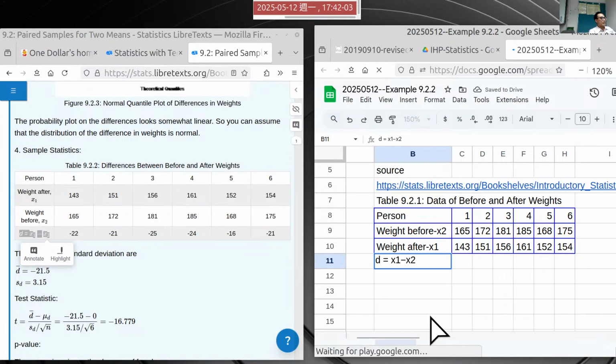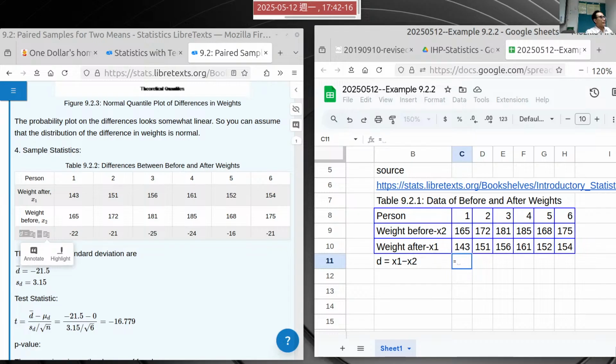And how to calculate X1 minus X2? Here you can click this cell, move to the function location, type equal, and click X1, click minus, and click X2, enter. We got minus 22, and click on this cell.